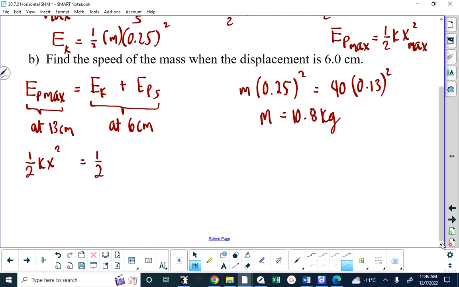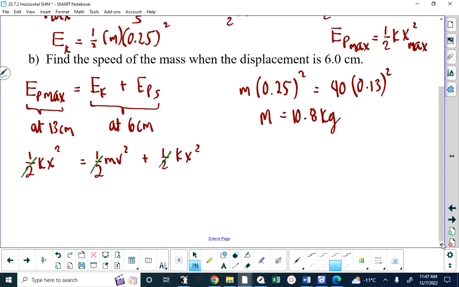This is 1/2 mv squared. This is 1/2 kx squared. Can I cancel the halves? What do you think? Can I cancel the halves? Yeah, there's a half in everything. I can multiply the whole equation by 2.